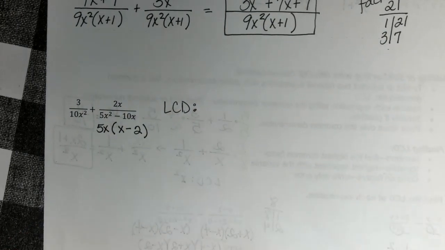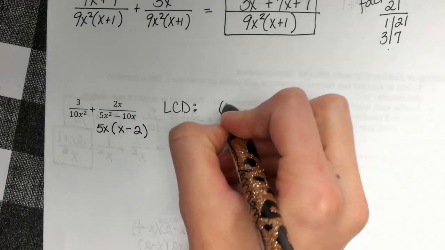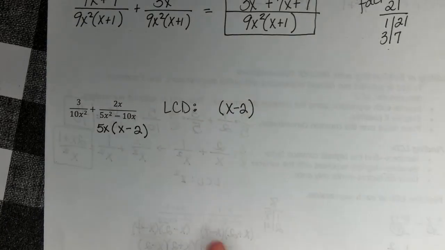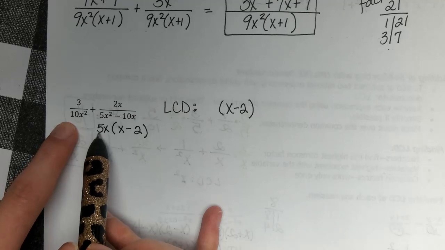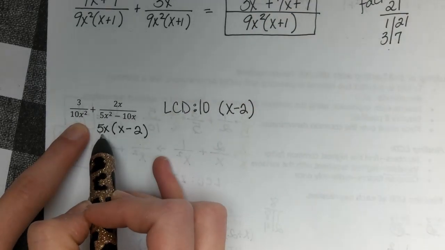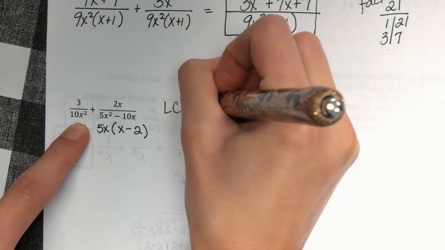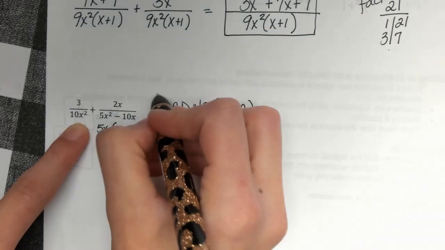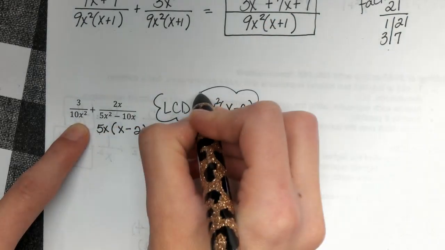For my LCD, I know I'm going to have x minus 2. Okay, then I'm looking at 10 and 5. What do I need? The 10. X squared and x. I need the x squared. So 10x squared, x minus 2 is what I'm missing.